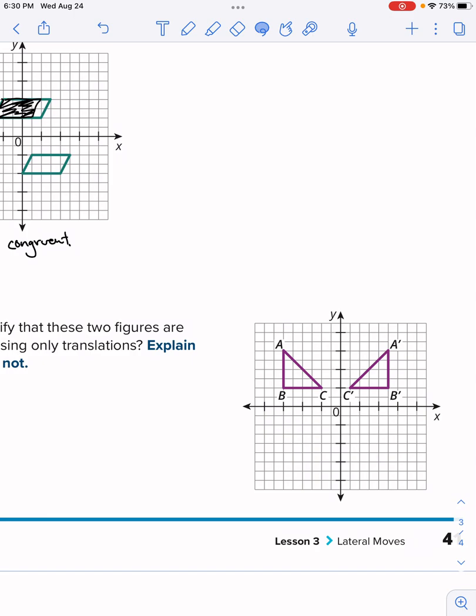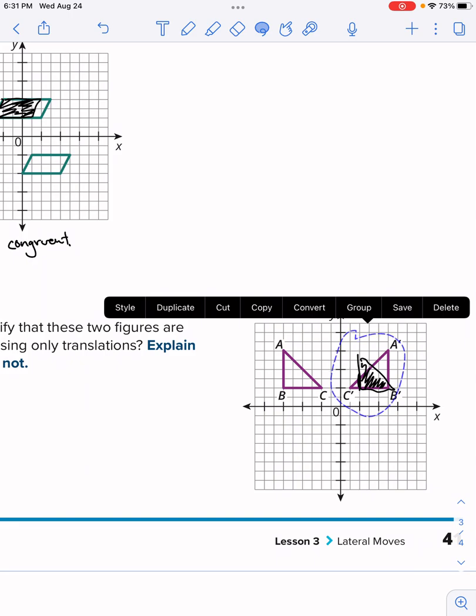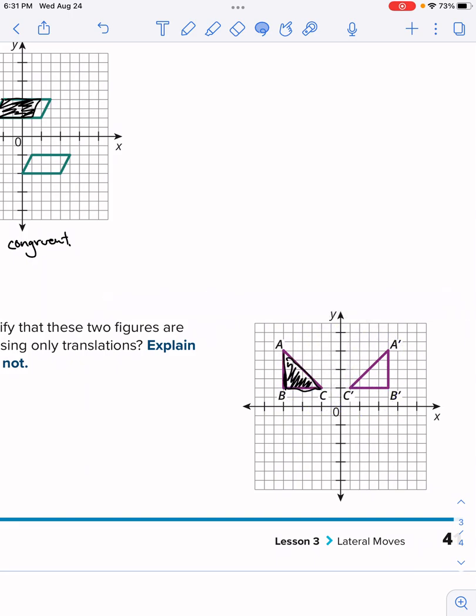I think we can kind of tell from it, but sometimes it doesn't hurt to draw it in and think about it. And this is not quite perfect. Can I take this triangle and slide it in a way so it can be on this triangle? The answer is no.